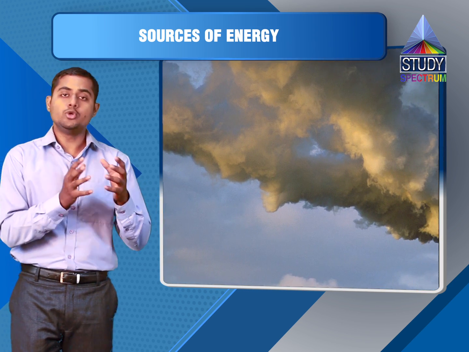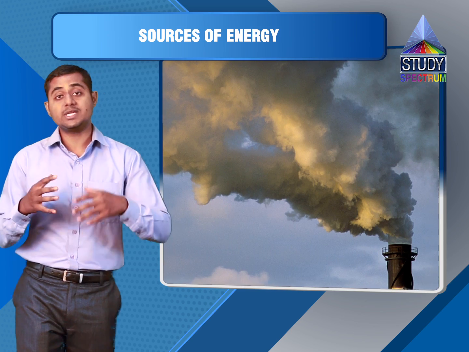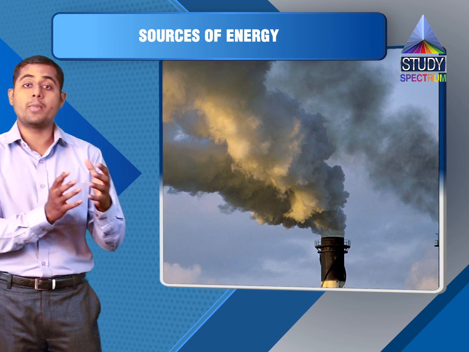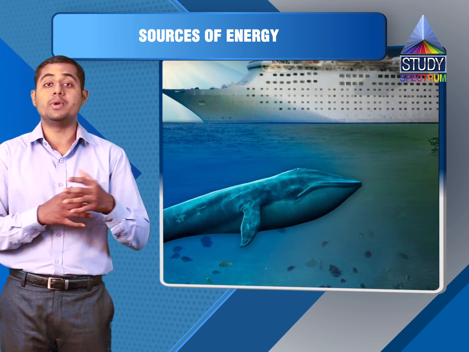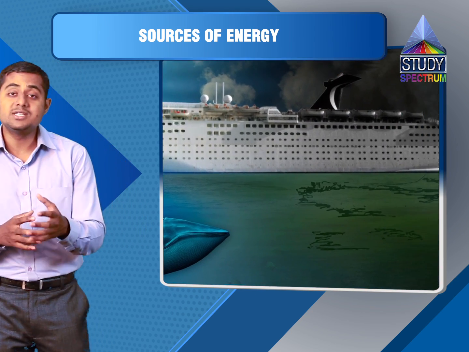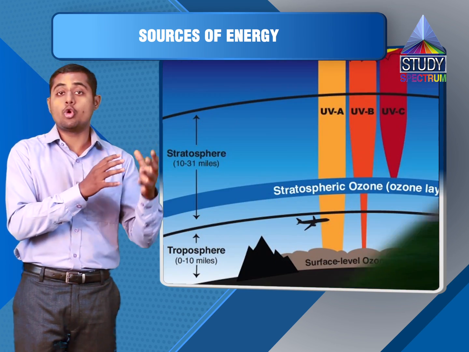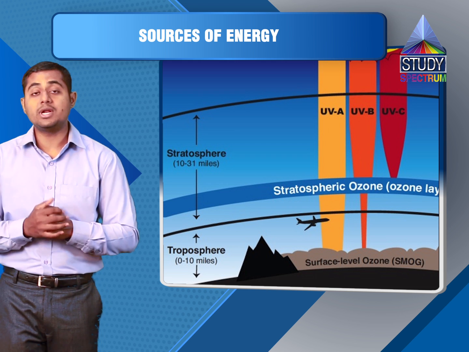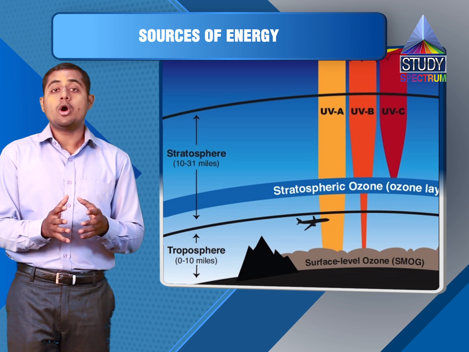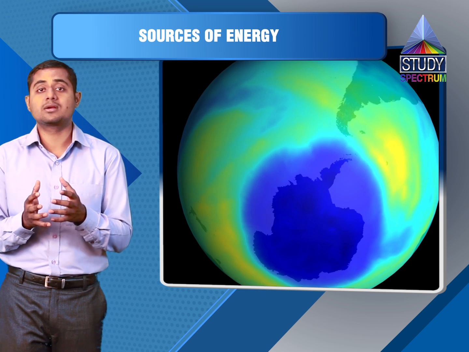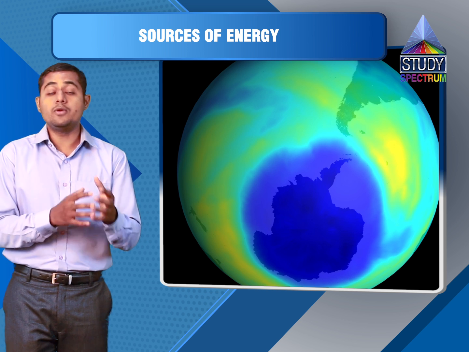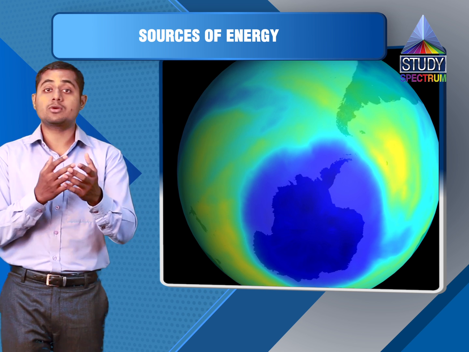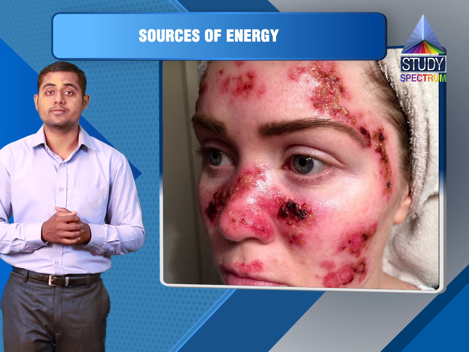Different technologies use the fossil fuels for creation of the energy, but they give us byproducts which are actually harmful for our life, for our environment. Ozone layer is depleting. Now there is a hole in the ozone layer at the polar region. Through that hole, all the harmful rays are coming onto the earth. Those harmful rays, if fallen directly on our skin, can cause skin cancer also.